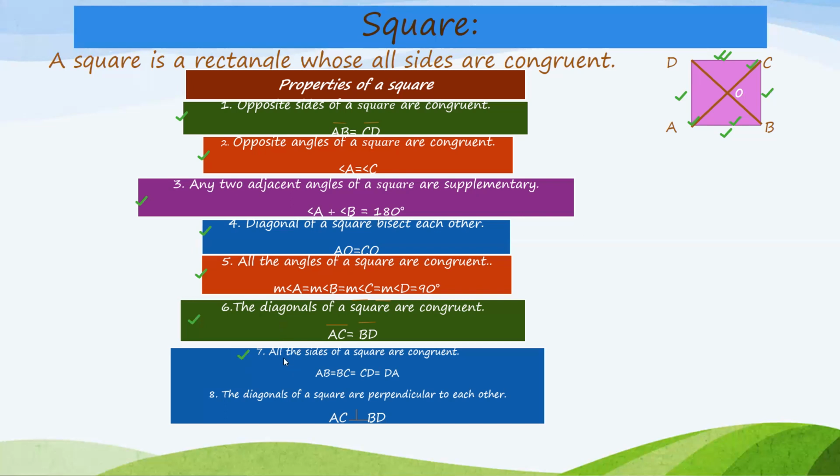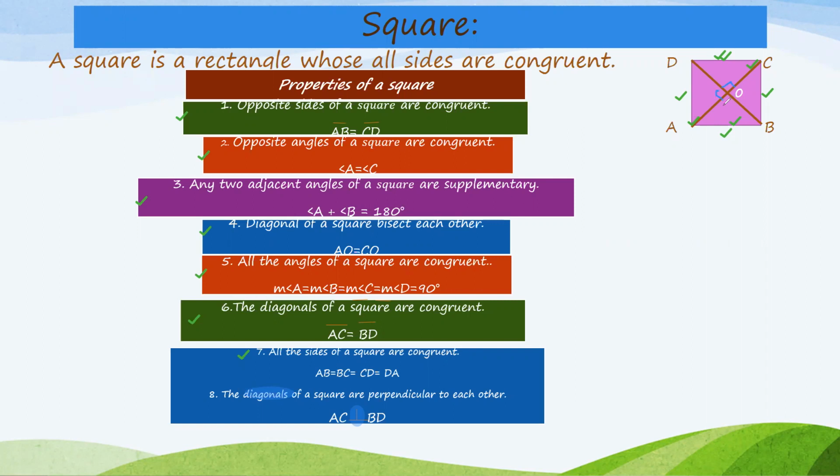Now the last property of square is of diagonals. The diagonals of the square are perpendicular to each other. Perpendicular means here AC and BD, when they intersect each other, the angles are of 90 degrees.